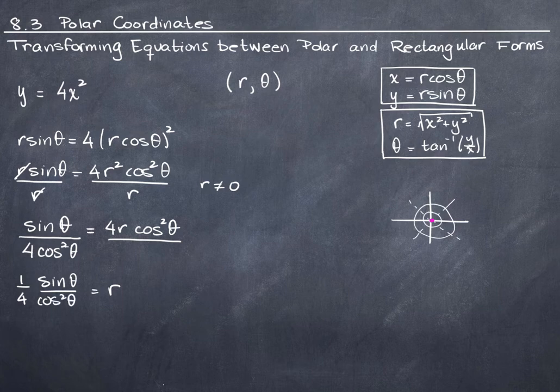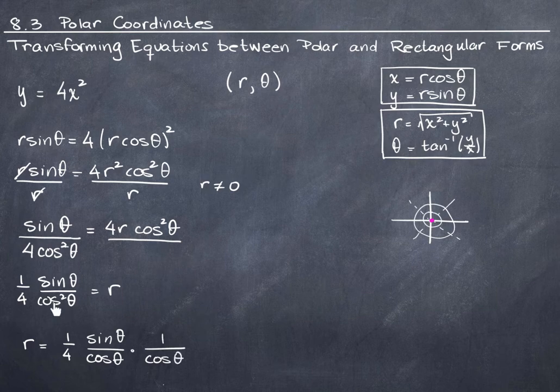Now there are other ways to write this expression, and I'll come to that in just a minute, but this is the form we want this to be in: r equals stuff with thetas in it, not thetas on both sides or r's on both sides. I'm now going to rewrite this as the sine of theta over the cosine of theta times 1 over the cosine of theta.